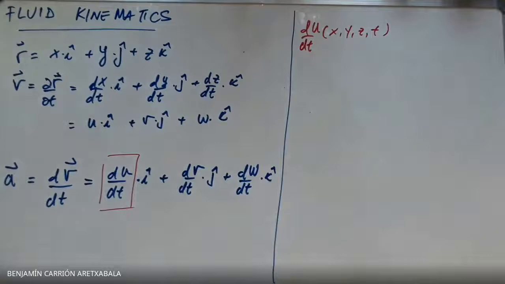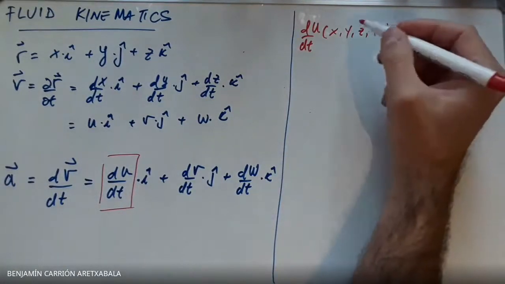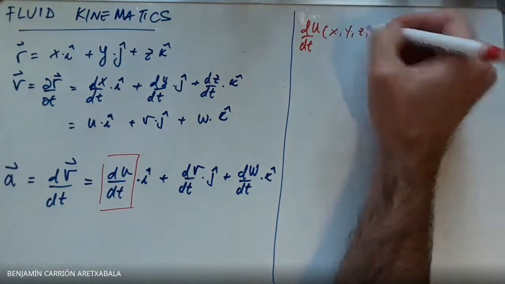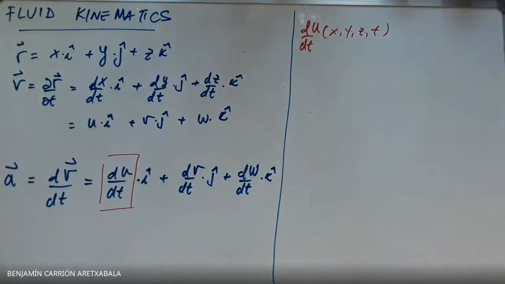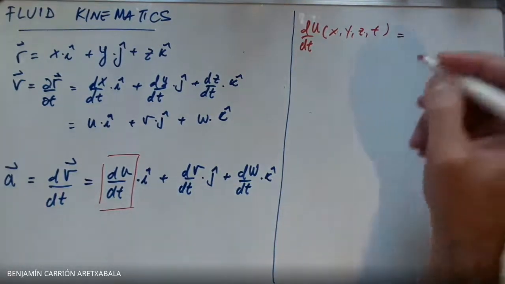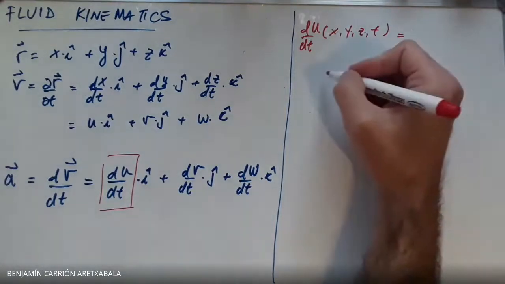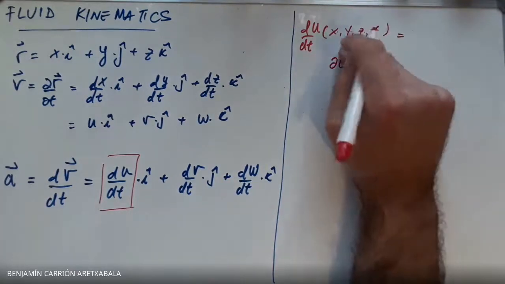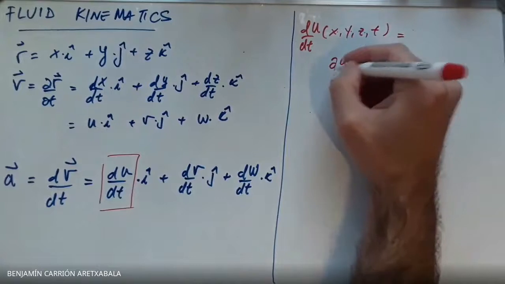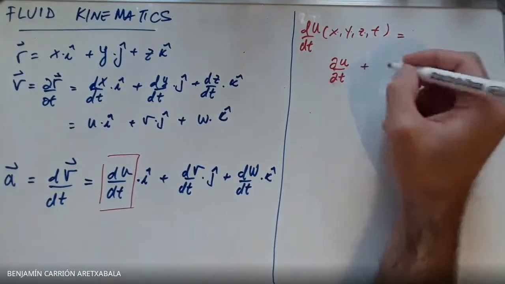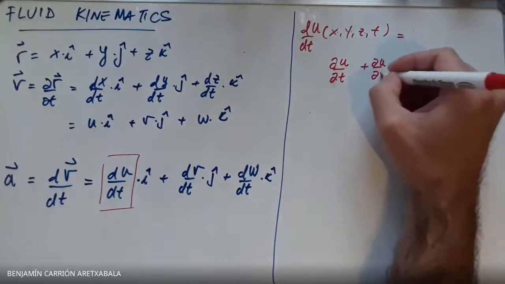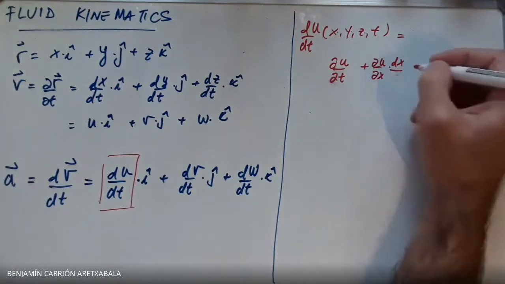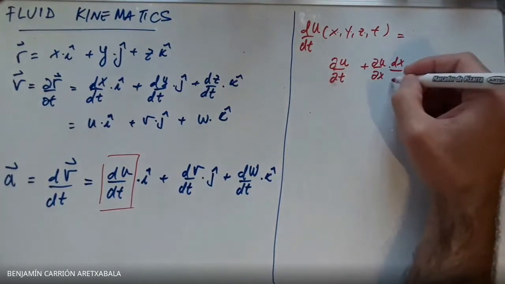So it depends on many variables, and in its own turn, x might also be a function of time, and y might also be a function of time, and z might also be a function of time, right? So this derivative, I'm going to write it here because it's going to be a bit long. This derivative is going to be the partial derivative of u with respect to time plus the partial derivative of u with respect to x times the actual, not the partial, derivative of x with respect to time.